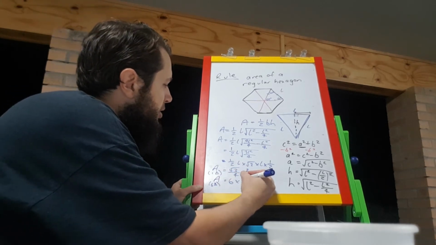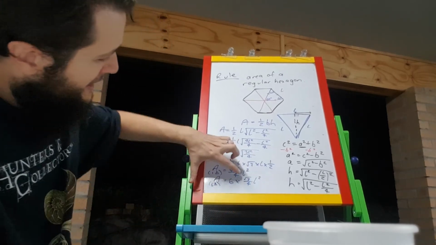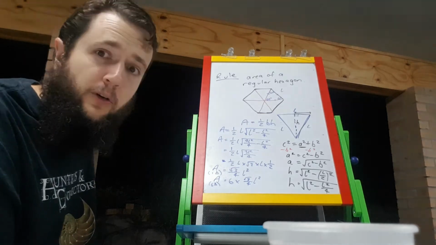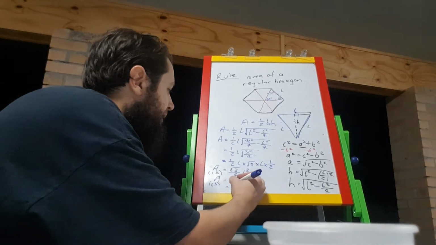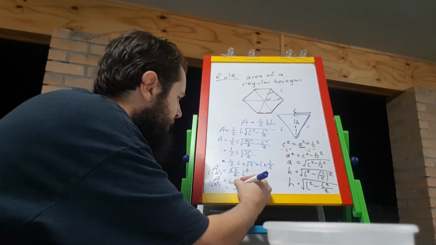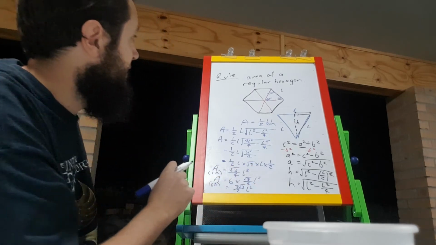So it'll be 6 times root 3 on 4 L squared. 6 over 4 as a fraction. If you simplify 6 over 4 as a fraction, you get 3 halves, giving a final formula of 3 root 3 L squared over 2.